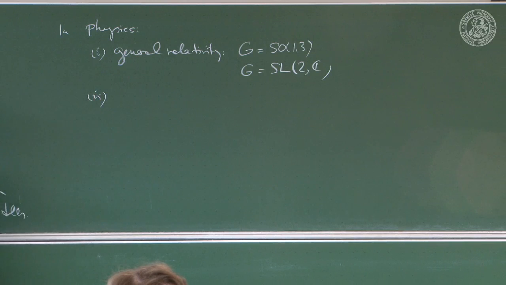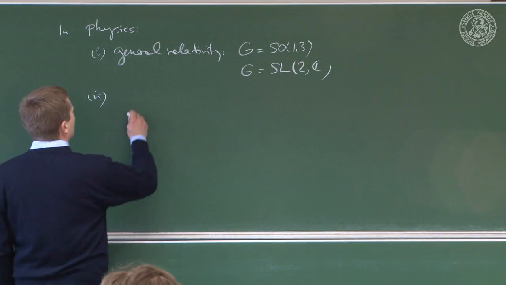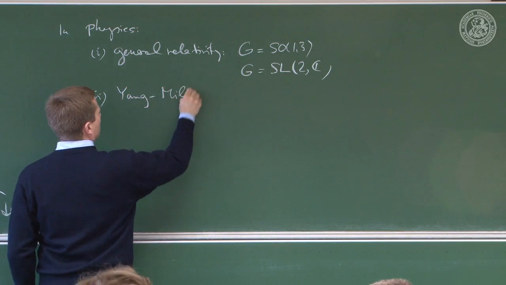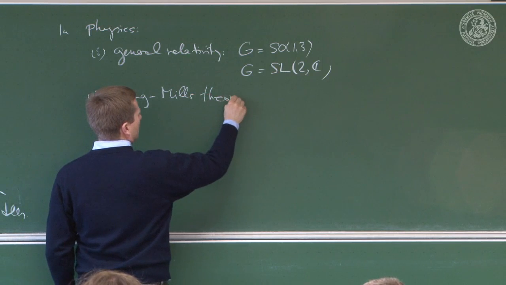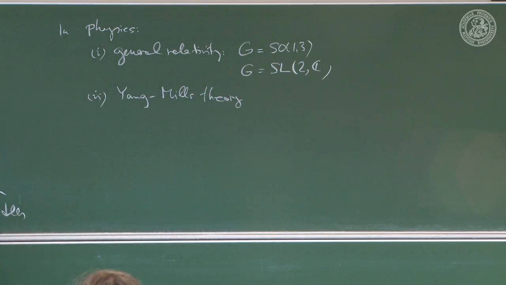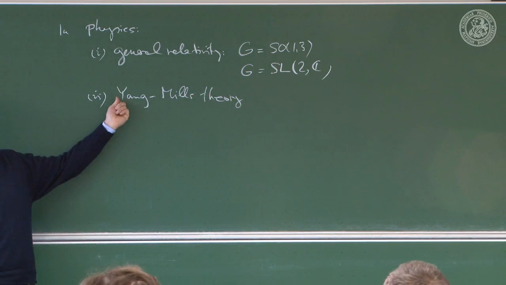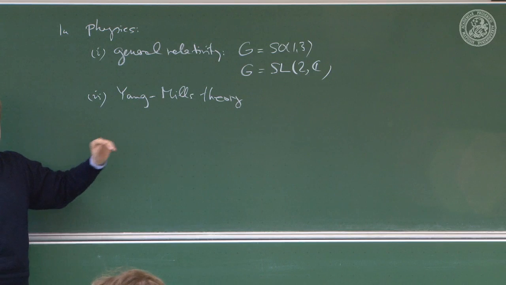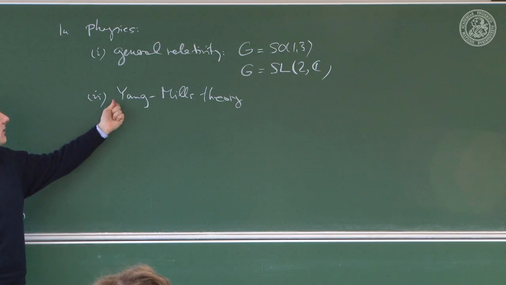Now also, and that is probably what mainly sparked this whole thing in physics, is that in Yang-Mills theory and its generalizations, so this is non-abelian gauge theories, the covector potential of your electrodynamics all of a sudden is Lie algebra valued.